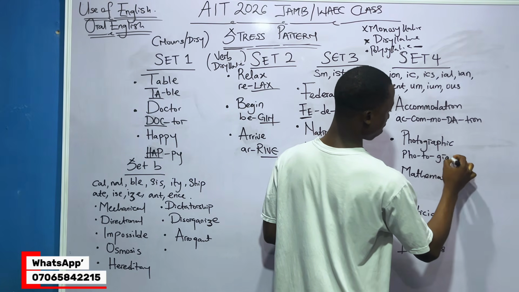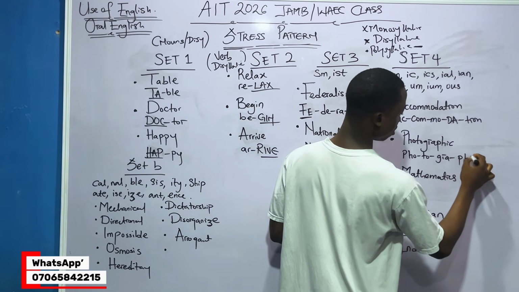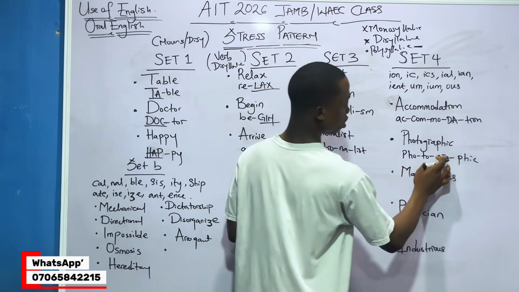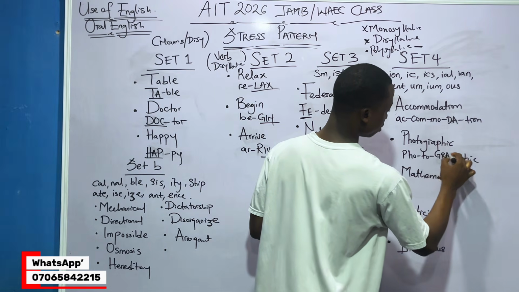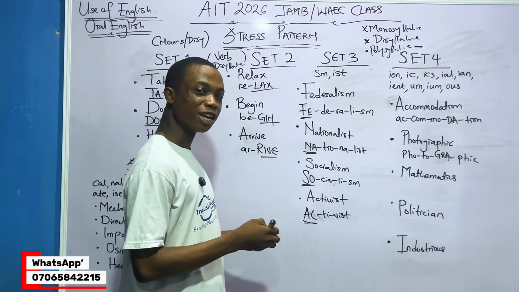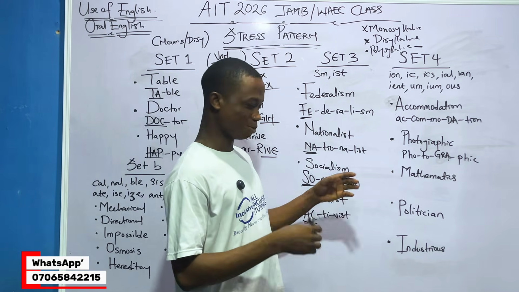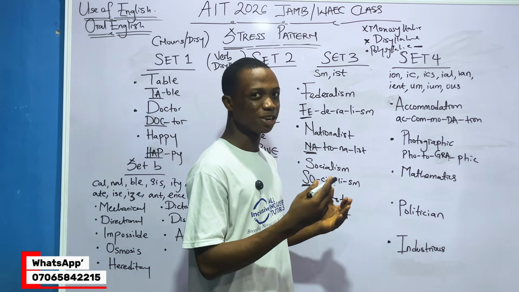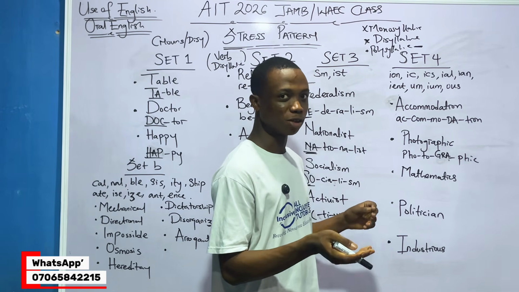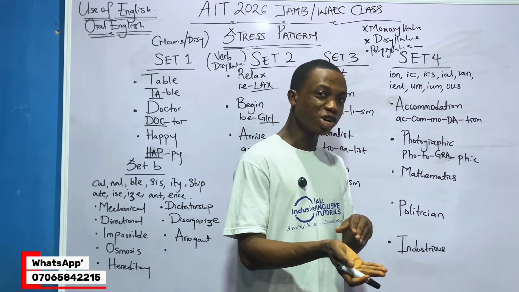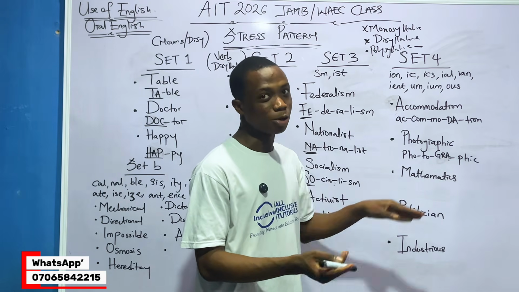Photographic. Where is the stress? Second to last: GRA. GRA sounds like a location, abi? You see where I'm coming from? So just know that any word like graphic, like geography, you already know where the stress is, at the GRA side.